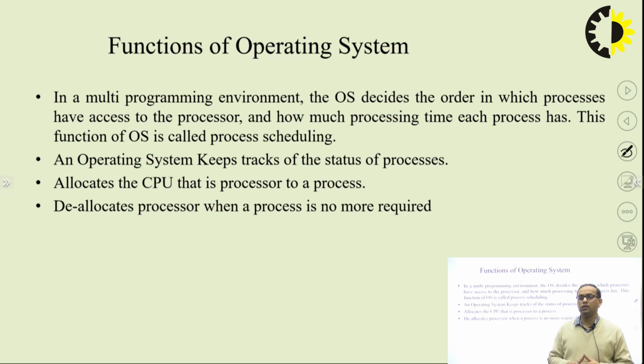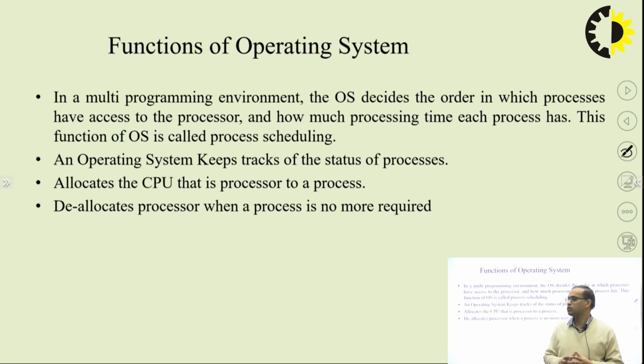In that case, the order in which those programs will be executed is decided by the operating system. Basically, different types of CPU scheduling algorithms are there. The operating system uses different types of CPU scheduling to allocate the processor to the process.